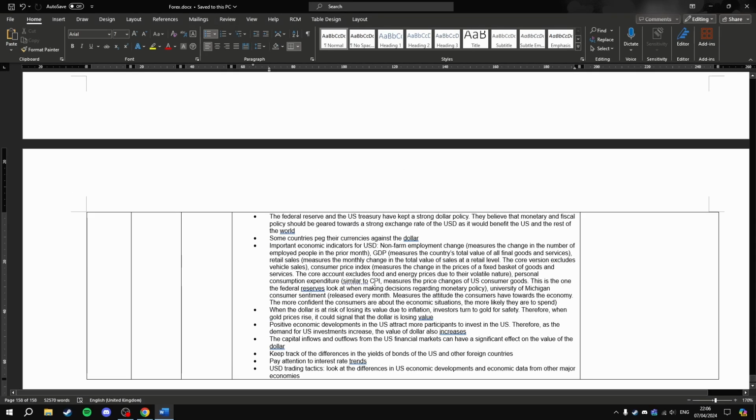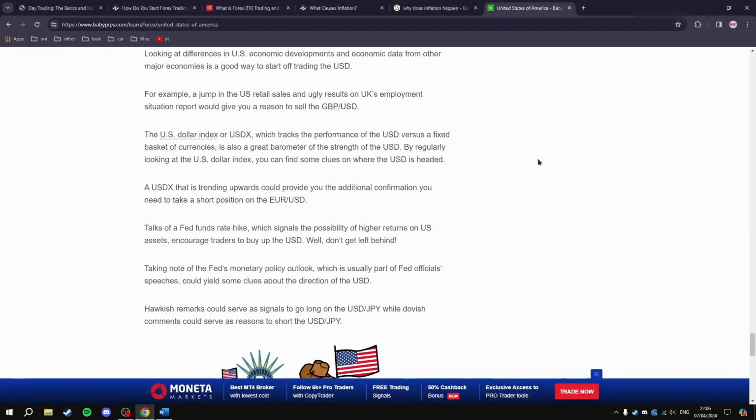I can't find it, but I think it's just basically the economy is good. The economy is good, so people are willing to spend more money instead of saving it up. However, the UK employment situation report is pretty bad, which means there's a lot of unemployment, so lots of people are unemployed.